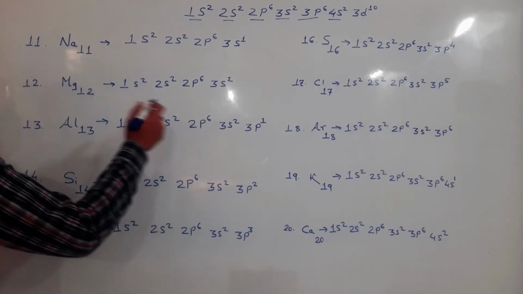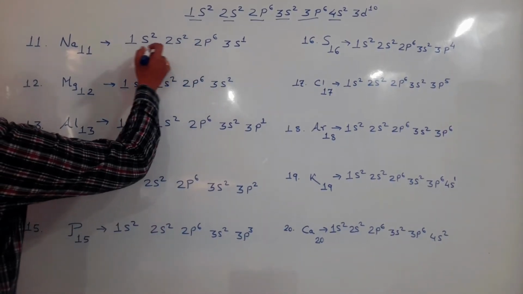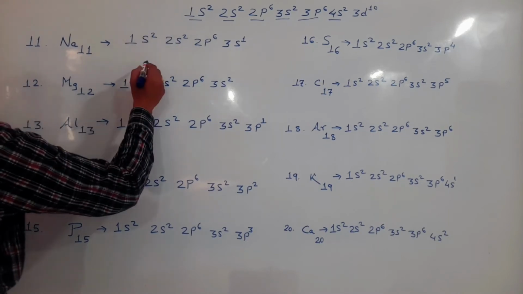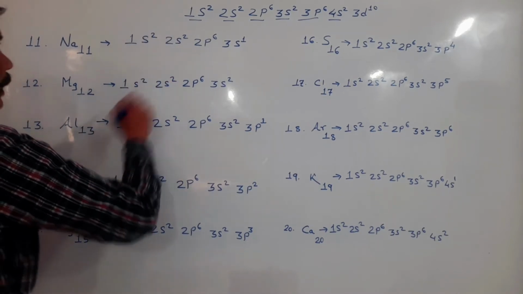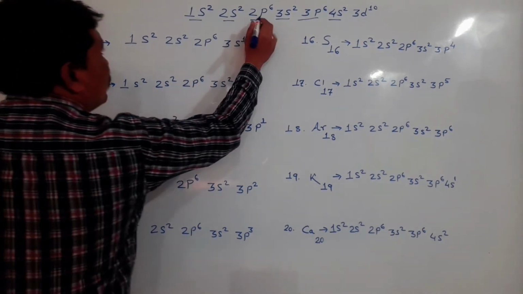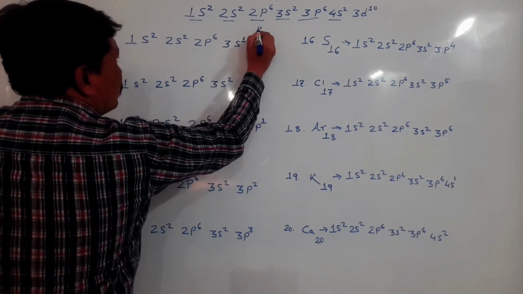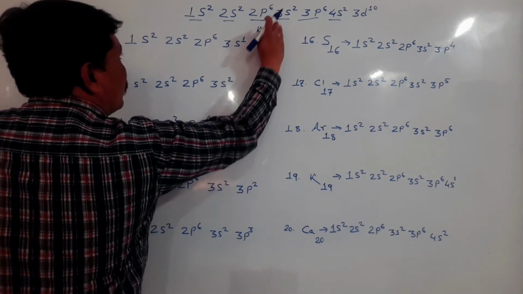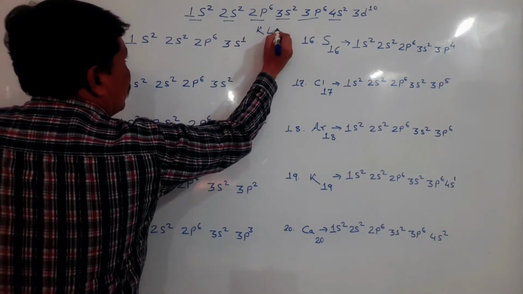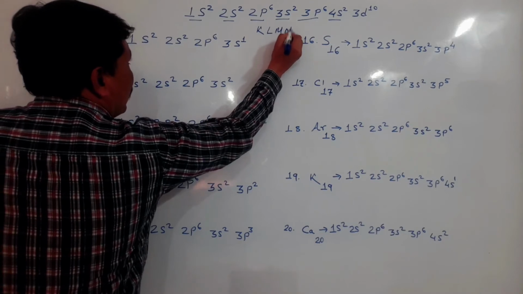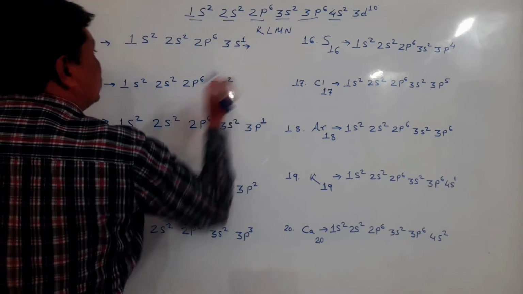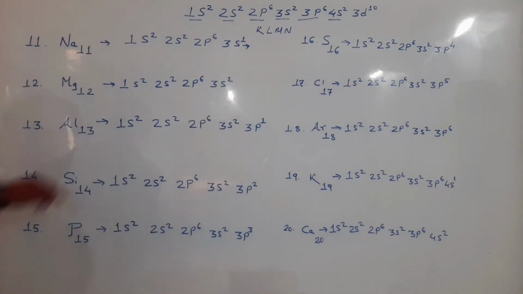So according to the electronic configuration given by Niels Bohr in K, L, M, N orbits, we are going to consider here.